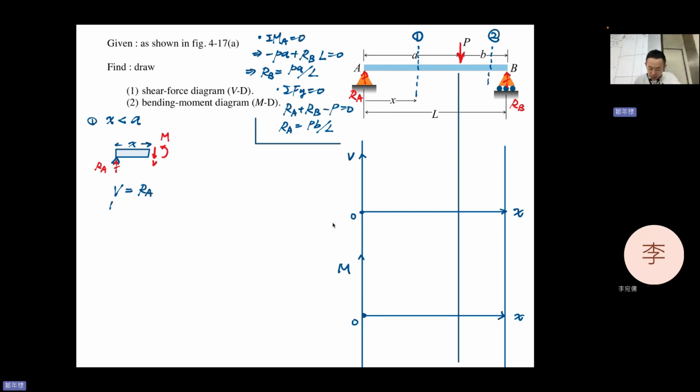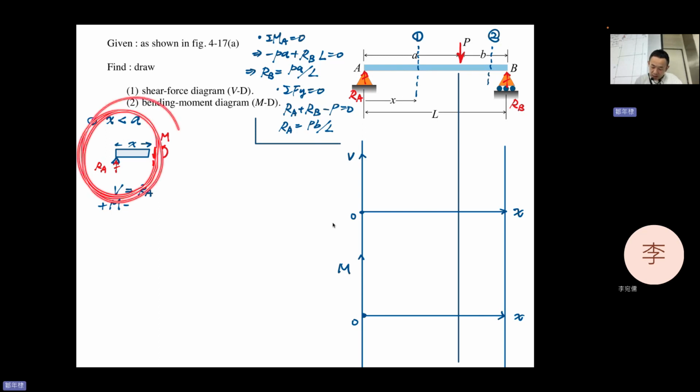And how about M? M is from moment balance. The M here is counterclockwise, so it becomes positive. All right, so this is positive M. And how about V?